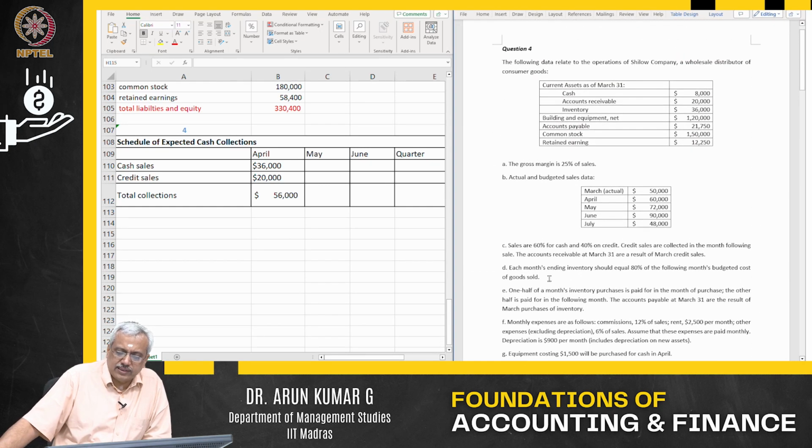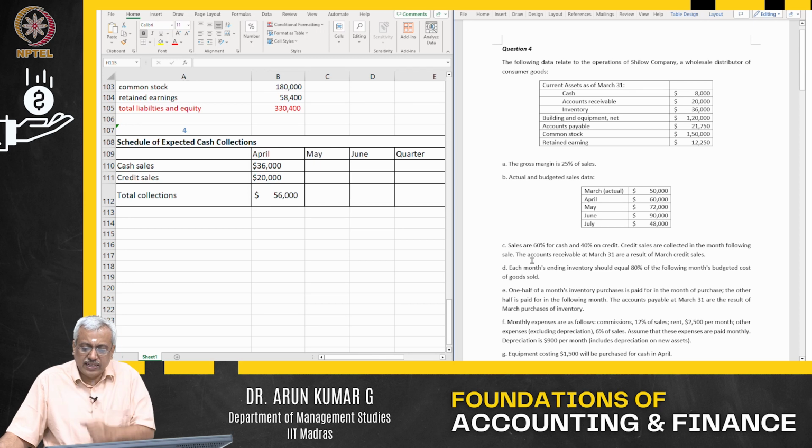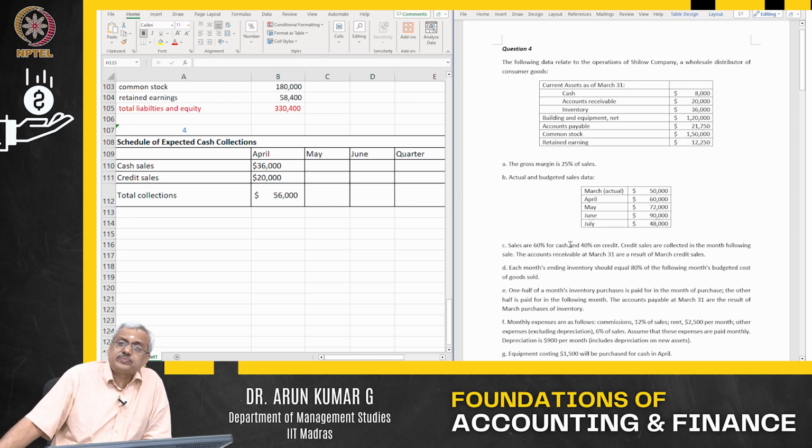For cash collections, it says sales are 60% for cash, 40% for credit. Credit sales are collected in the month following the sale. The accounts receivable of 31st March are a result of the March credit sales. So, collection.